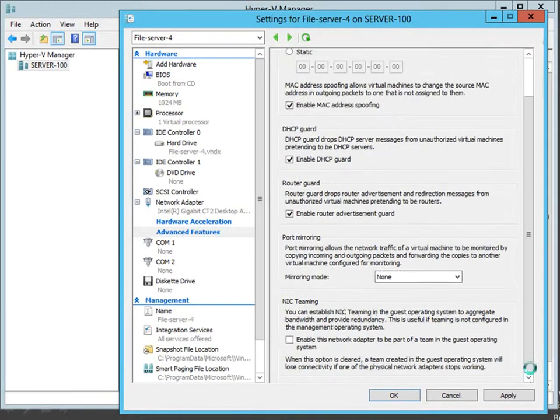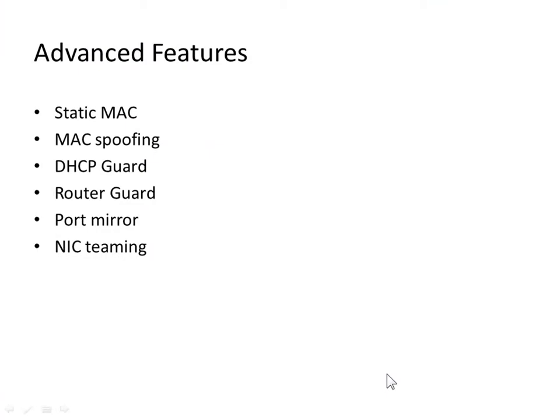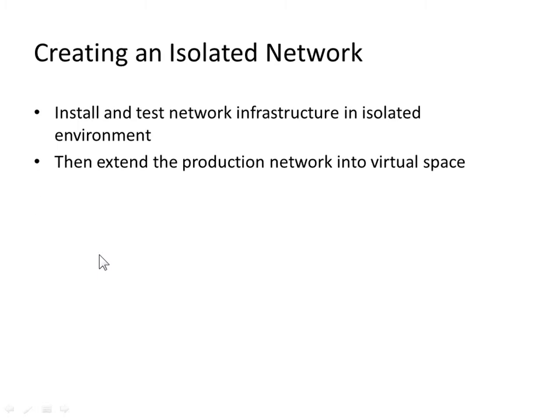And then network interface card teaming we've discussed before. Network interface card teaming is where we have two or more network interface cards that work together in tandem to provide increased throughput or fault tolerance. Advanced features include static MAC addressing, MAC spoofing, DHCP guard, router guard, port mirroring, and network interface card teaming.